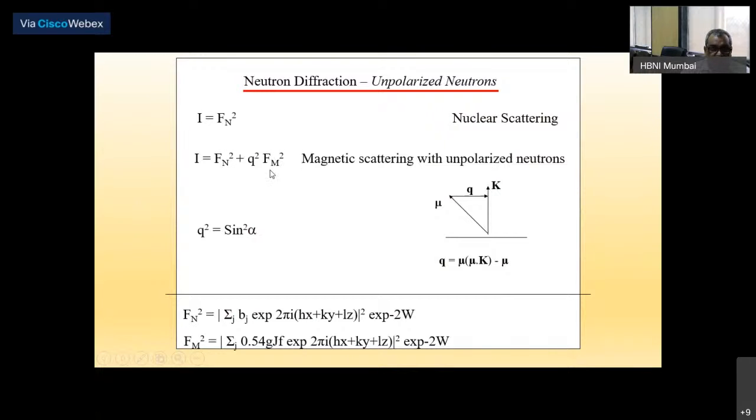We also have a square, the magnetic part, but weighted by a vector q, which is basically given here. So I can write out this thing; this part is the same for X-rays and neutrons, except this b_j part, and multiplied by the Debye factor. F_m squared is very similar, and this is also separately weighted by a Debye factor, which is different from what you have for the nuclear term. And this is the expression.